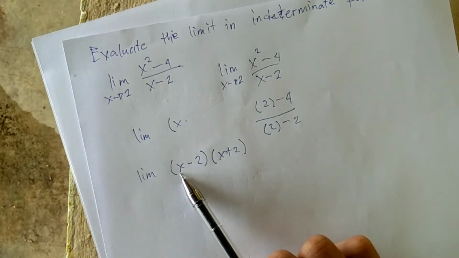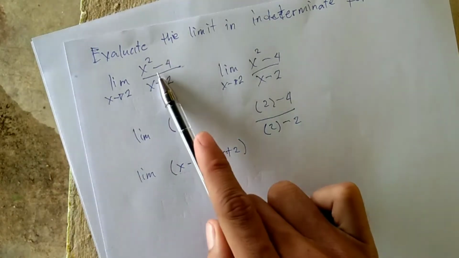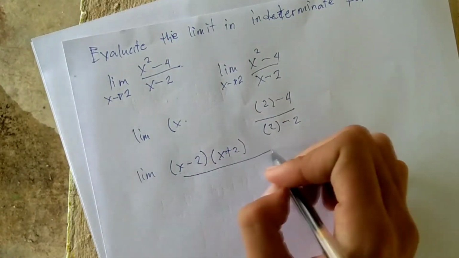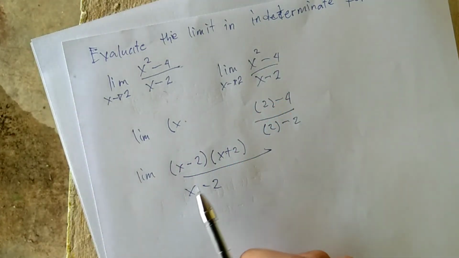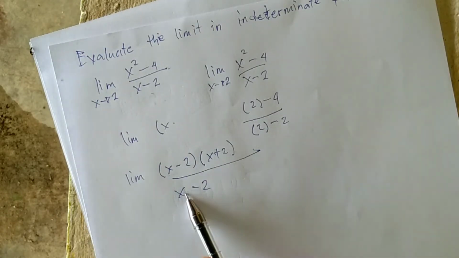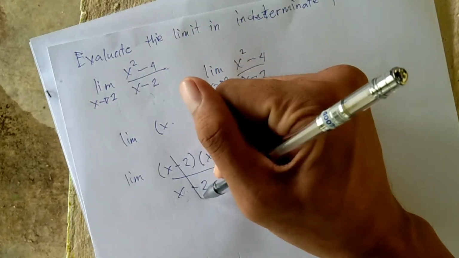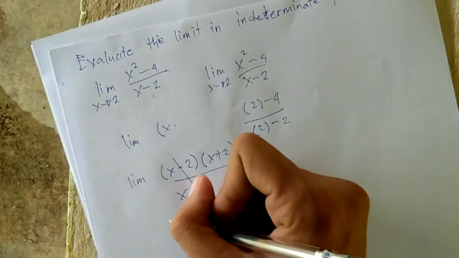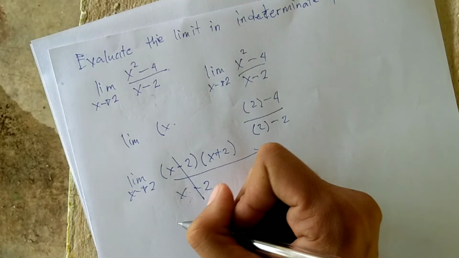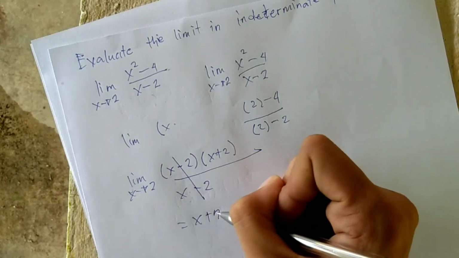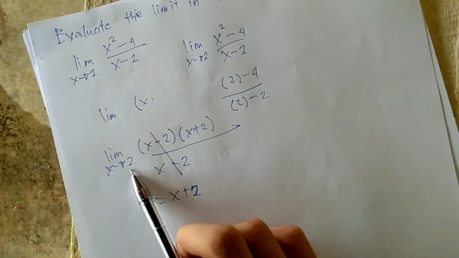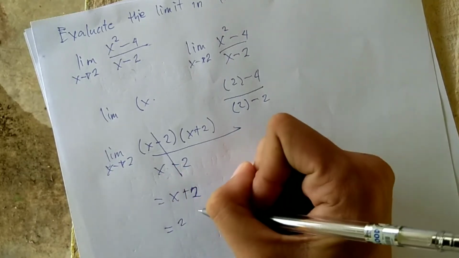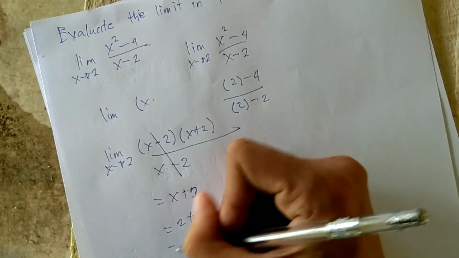When you multiply that, it goes back to the form above, all over x minus 2. So, the numerator and denominator have the same factor here, so they cancel. Cancel this. What remains is x plus 2. Here is where the substitution happens: substitute the 2 for x. So, 2 plus 2 is equal to 4.